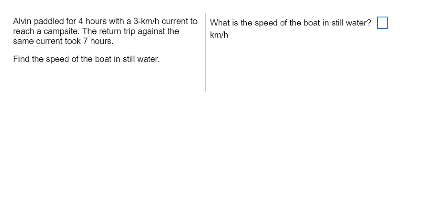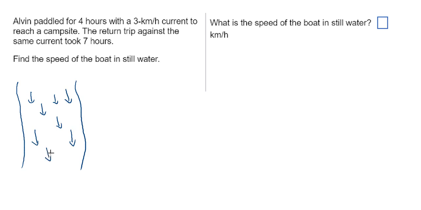All right. So we're paddling up a river or down a river. So here's the river right here. And let's say the current is moving in this direction. All right, so this is the current. These arrows represent the current here. And that current is 3 kilometers per hour. All right. So Alvin's boat is somewhere in the river. And to go to the campsite, paddling with the current, it took 4 hours.